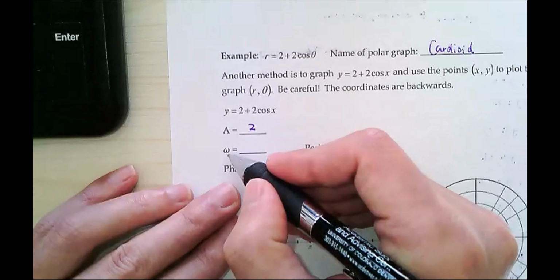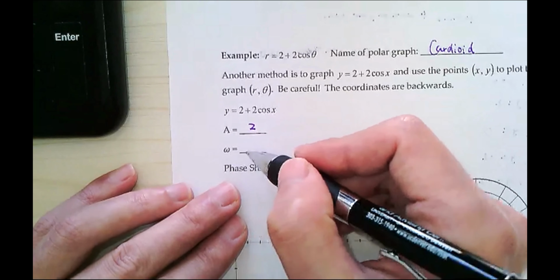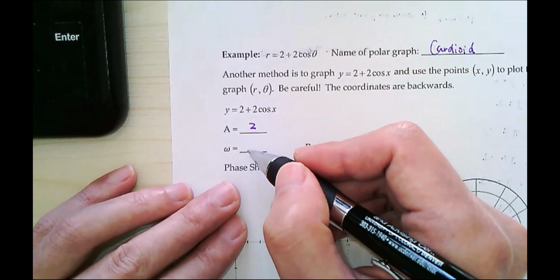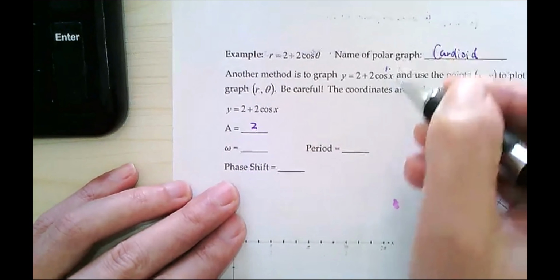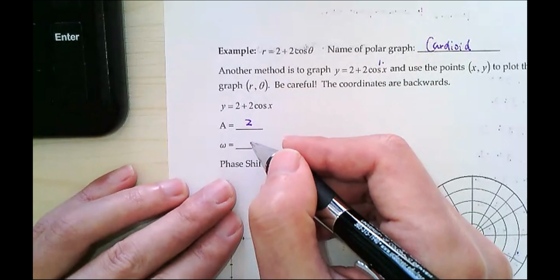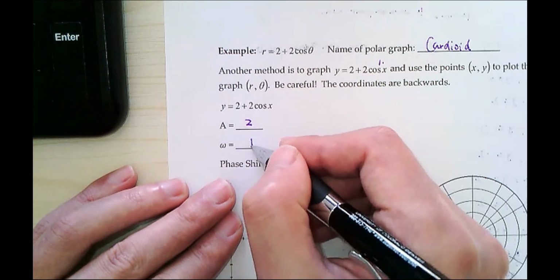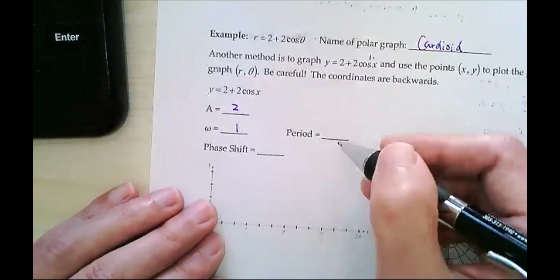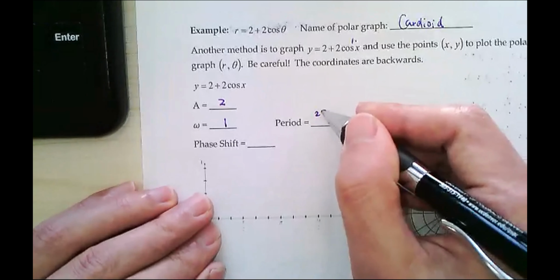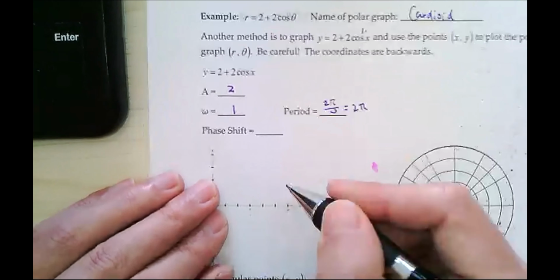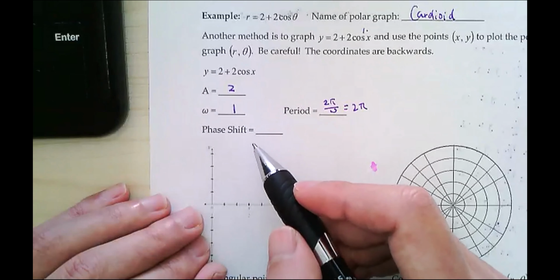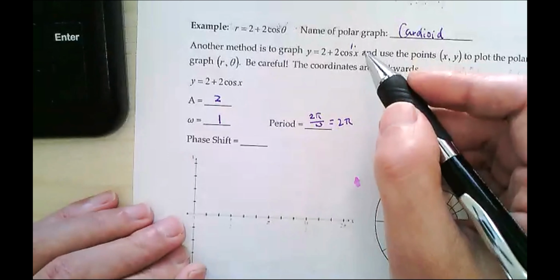What is this w? Okay, notice that we have 1 times x here. W is just 1, right? So period, according to what we have learned before, is 2 pi over w, which is just 2 pi. Phase shift. Look at the equation you have.